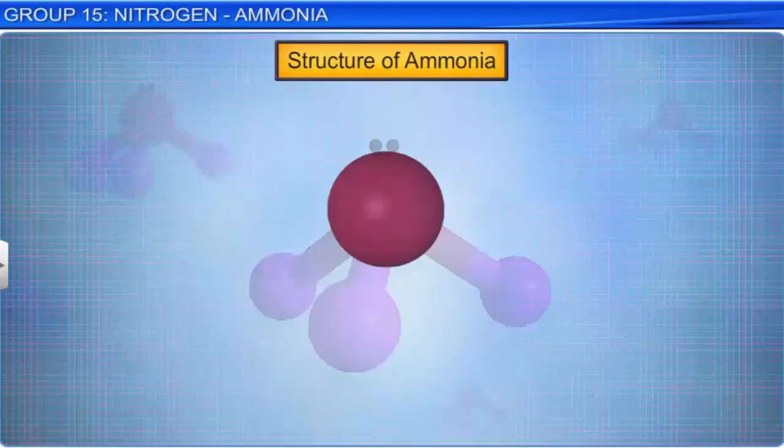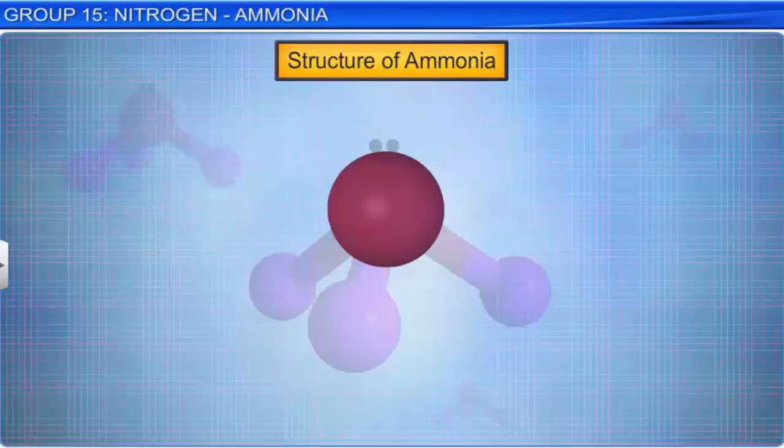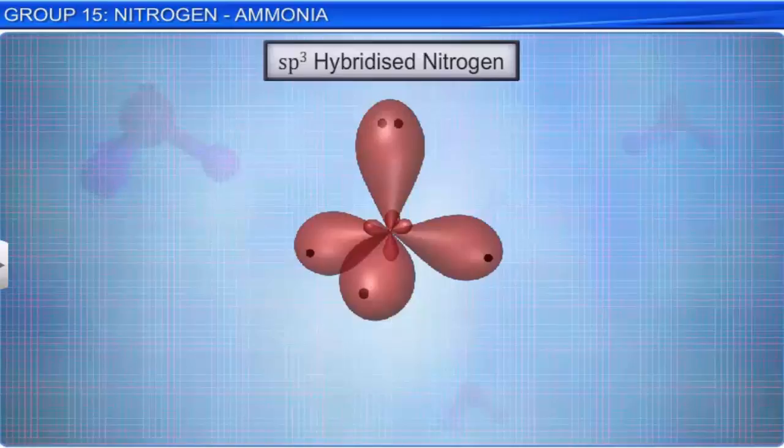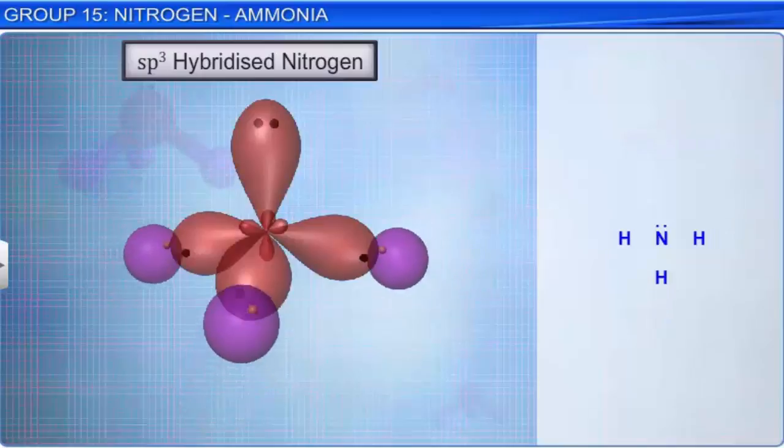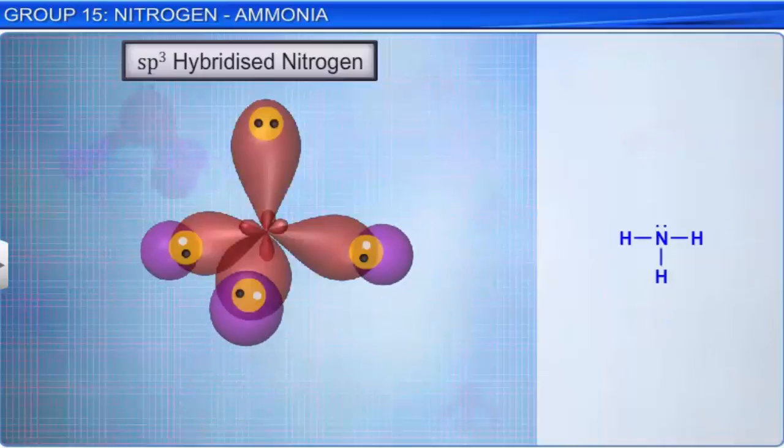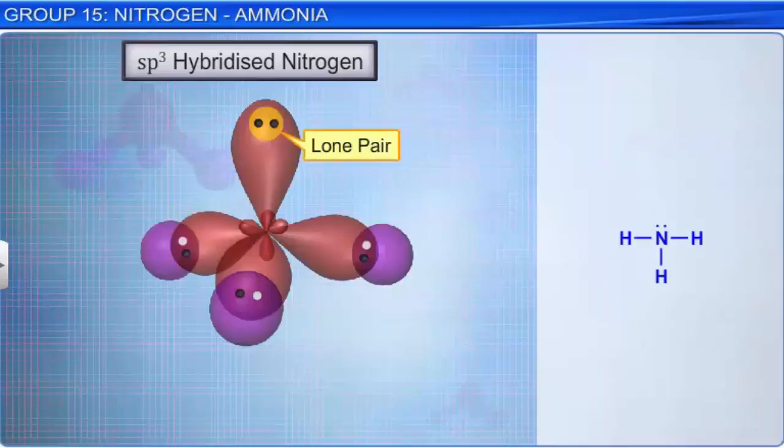The central atom in ammonia is nitrogen, which undergoes sp3 hybridization. Among the 4 electron pairs present in the 4 sp3 hybrid orbitals, one is a lone pair.